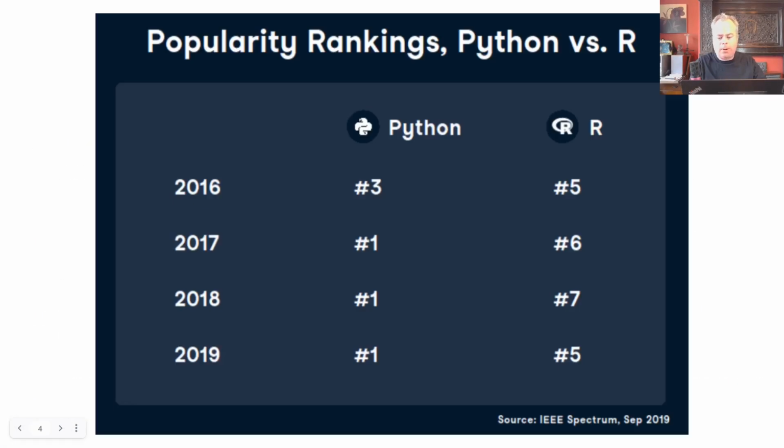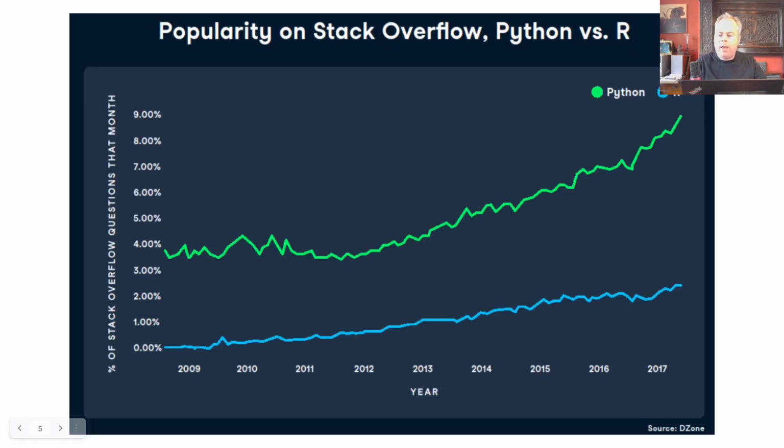They're both very popular. This is a popularity ranking from a couple of years ago. Perhaps not surprisingly, because Python is a more general purpose programming language, it's more popular than R, but they're both incredibly widely used, as I said, within industry and academia. They have very active communities for both of them.